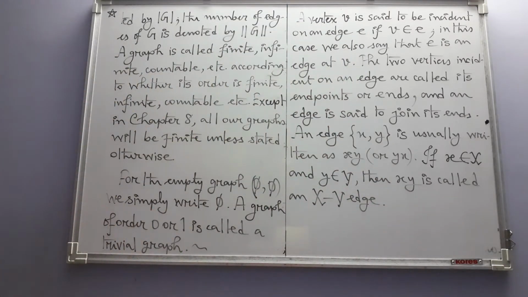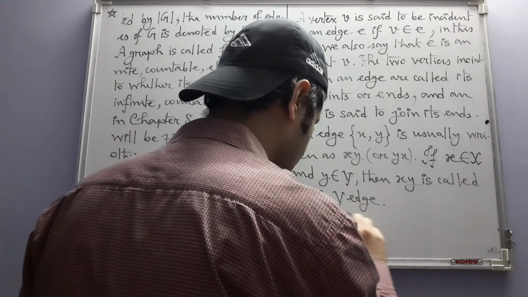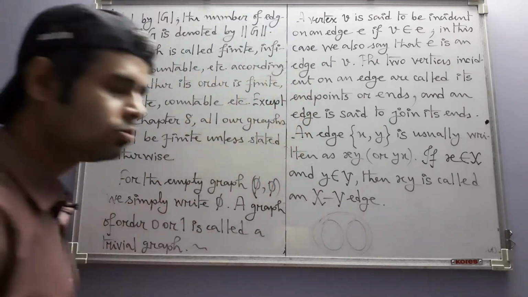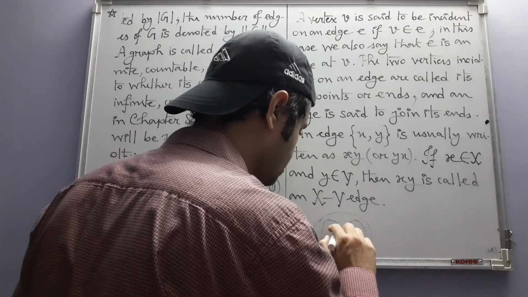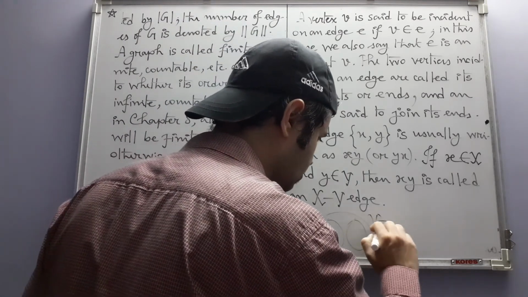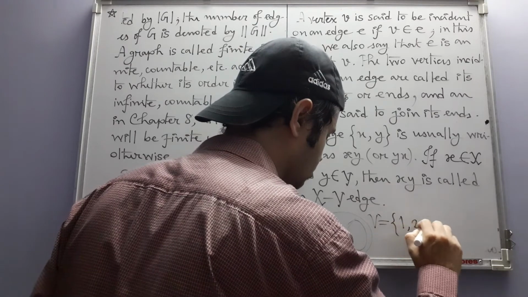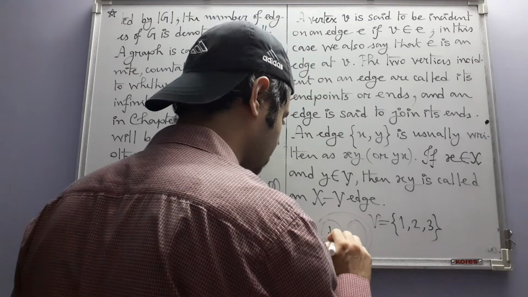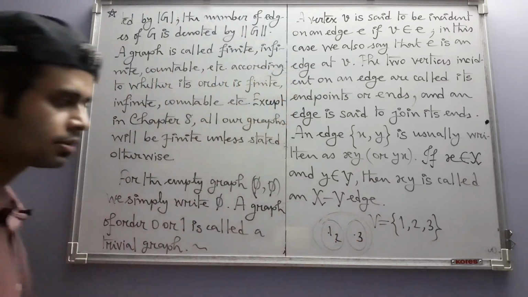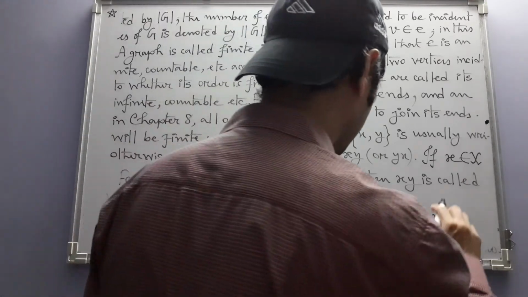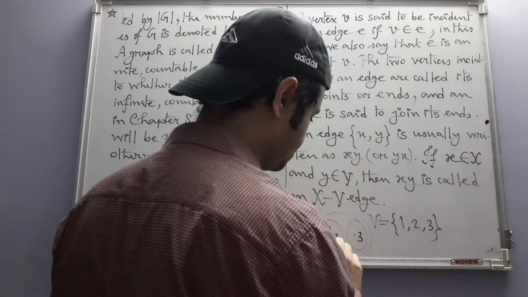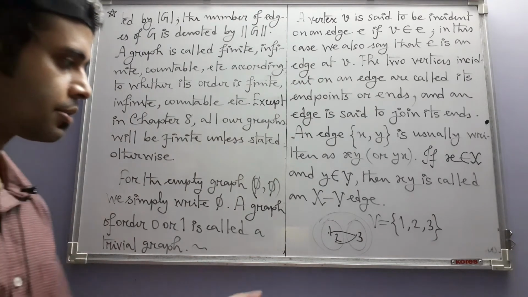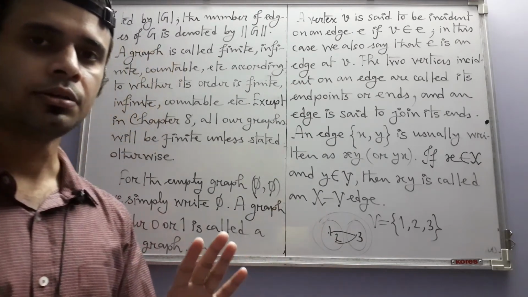So say you have your vertex set, then in the vertex set you find two subsets. Say this is your vertex set V equal to {1, 2, 3} in a graph, and say you have 1 here, 2 here and 3 here, and suppose the graph is like this. That is, the edge set consists of the edges {1, 3} and {2, 3}.